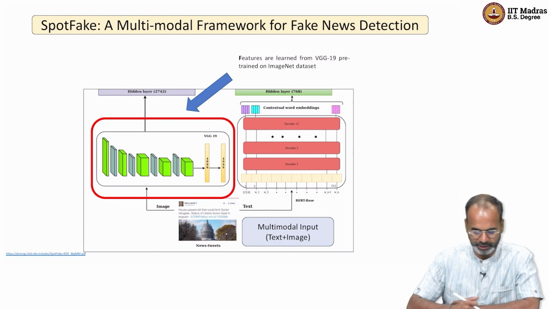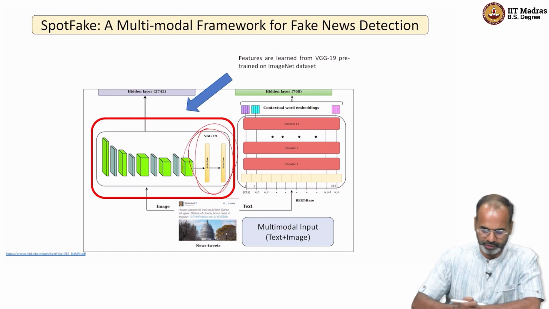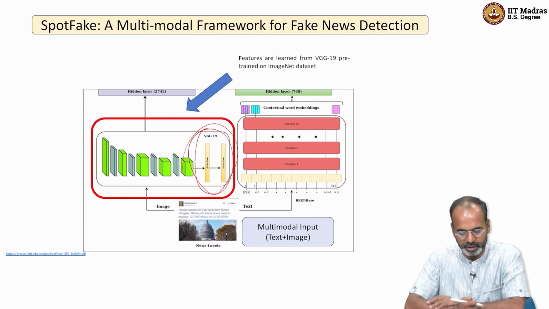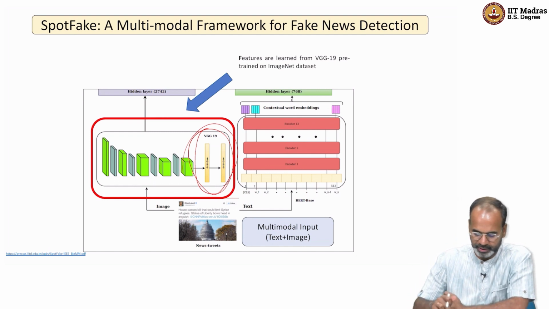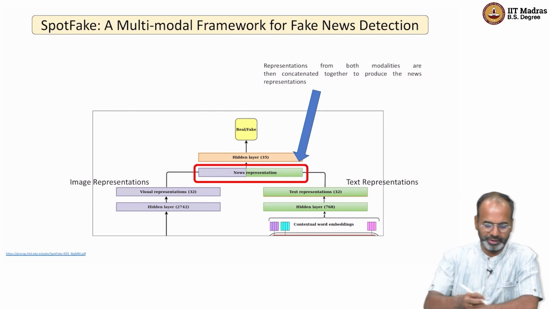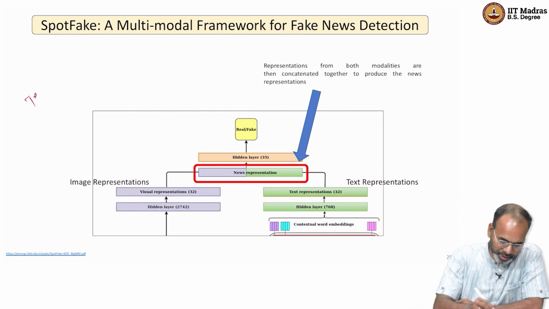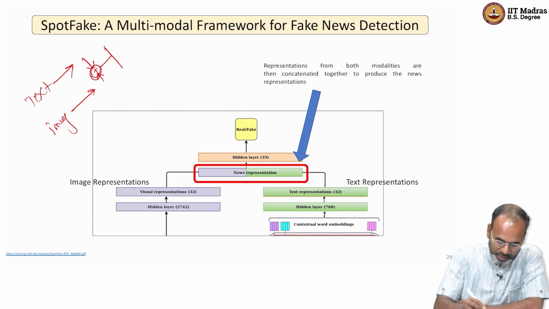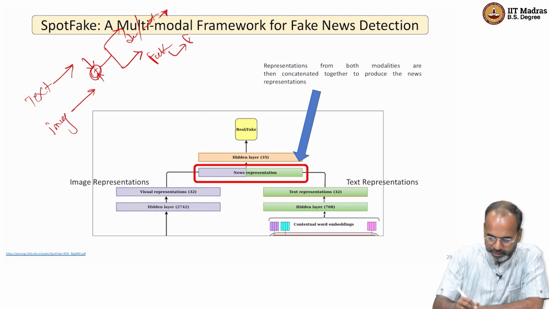Features are learned from VGG. Of course, images are analyzed with VGG, pre-trained on the ImageNet dataset, and then representations from both the modalities. So if you look at the structure, right, the structure is typically always the same: text, image separately. You do something with this, you do something with this, you bring it together, you put them together and then take it and do some part of fake news, do some part of decoder or other methods, and then you detect whether it is fake or real.